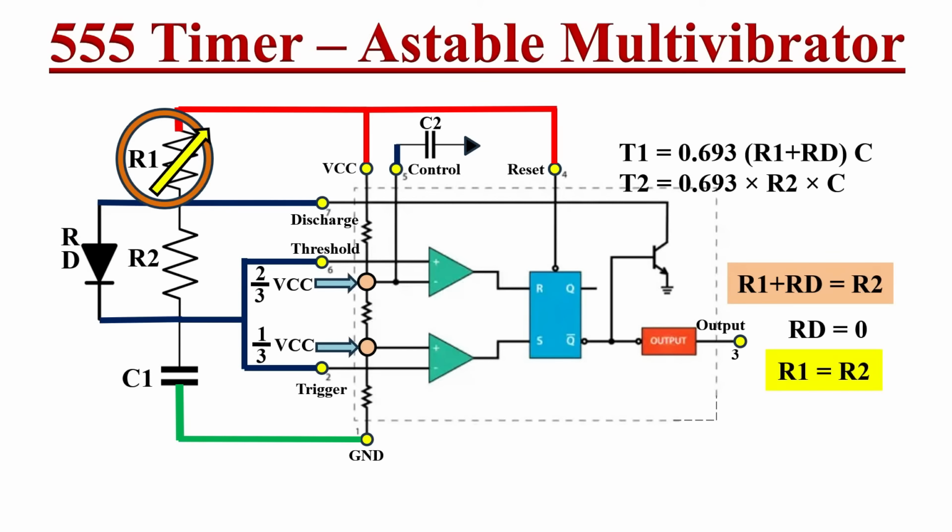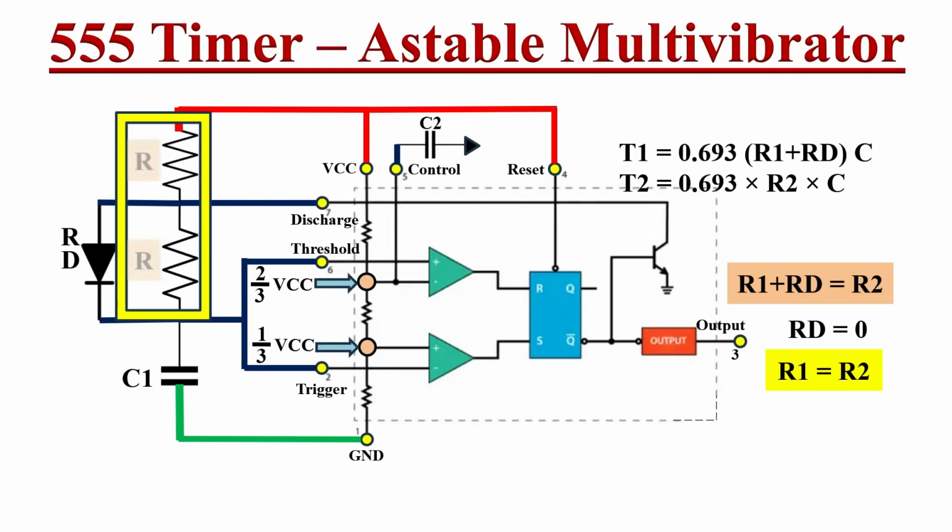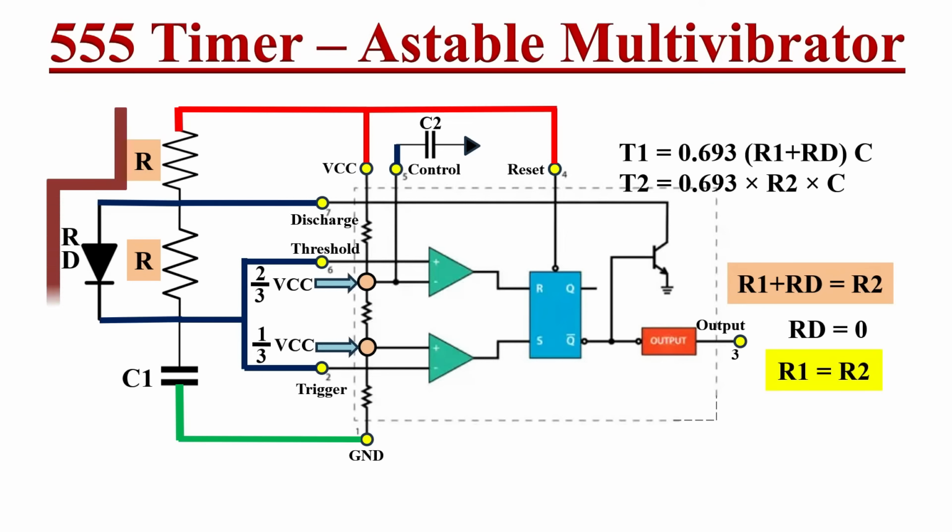So in that case, we will use equal value resistors for both R1 and R2. Here we will use equal value resistors R instead of both R1 and R2. Now this capacitor is charging through this path and the total resistance equals R, and it is discharging through this path.